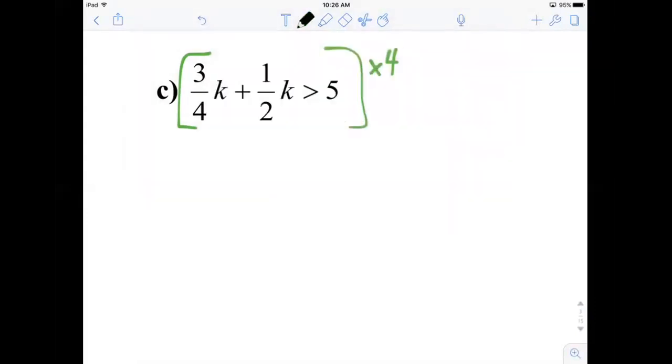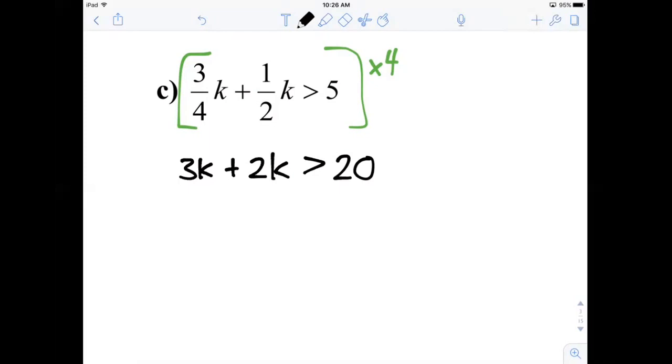So if I multiply everything on both sides by 4, I get 3k plus, well, this would be 2k now. And now I have to be careful because the other side's going to change as well. It's going to be 20. So in other words, now everything that I have on the left side has to be greater than 20. Well, 3k and 2k are just like terms.